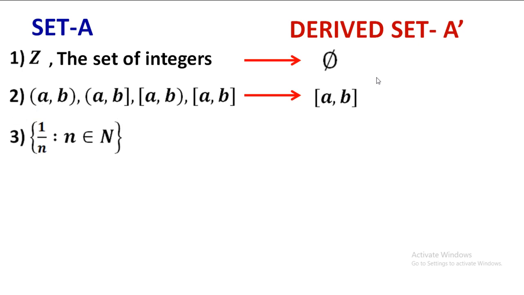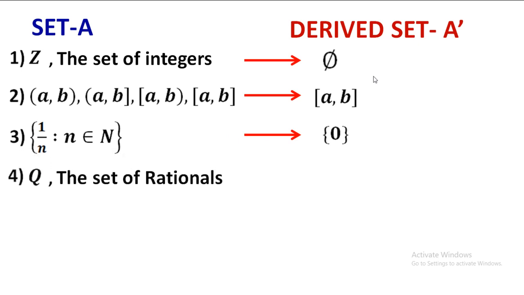Third, the set of all 1 by n, where n belongs to the set of natural numbers, whose derived set is the singleton set 0. Fourth, Q, the set of rationals, which we have just studied. Fifth, the set of reals, R.